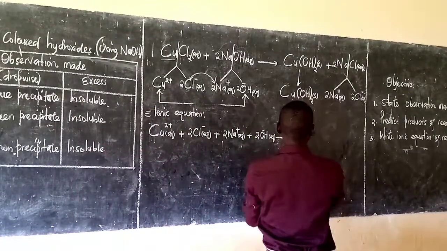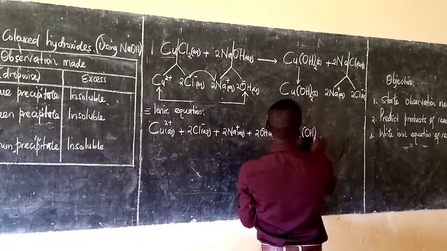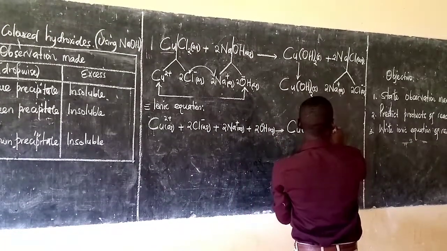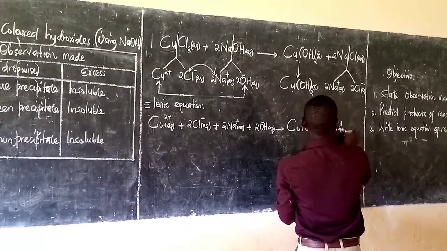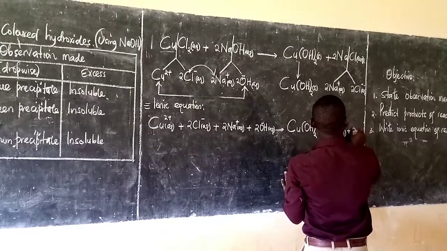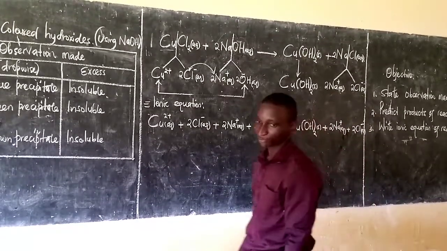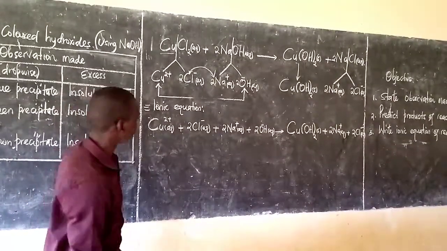We bring this the way it is because we have agreed that a solid substance remains as a solid, plus these are 2 sodium ions. So we bring them in solution plus the 2 chloride ions. They are also in what? Solution.